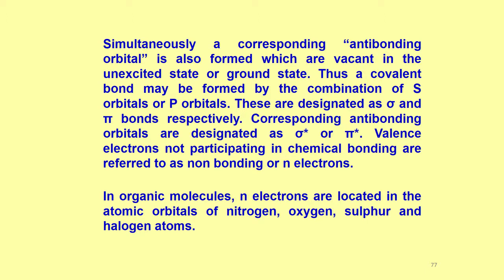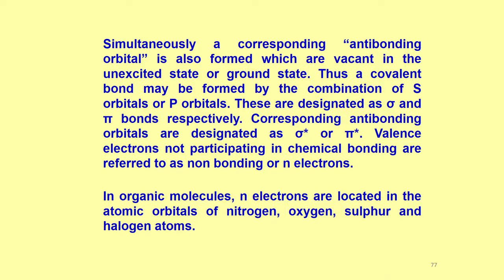So, simultaneously whenever a bonding orbital is formed, there will be a corresponding anti-bonding orbital automatically generated. It is just like having a 10 rupee note: when you pick up one side, the other side also automatically comes along. So the moment you have a bonding orbital, there will be an anti-bonding orbital.